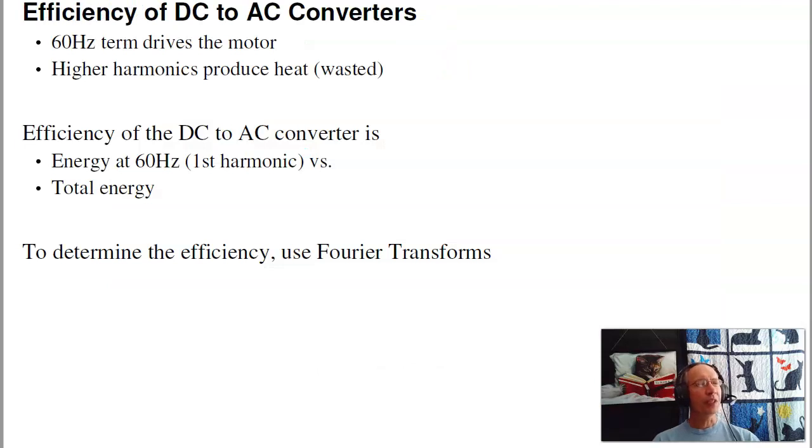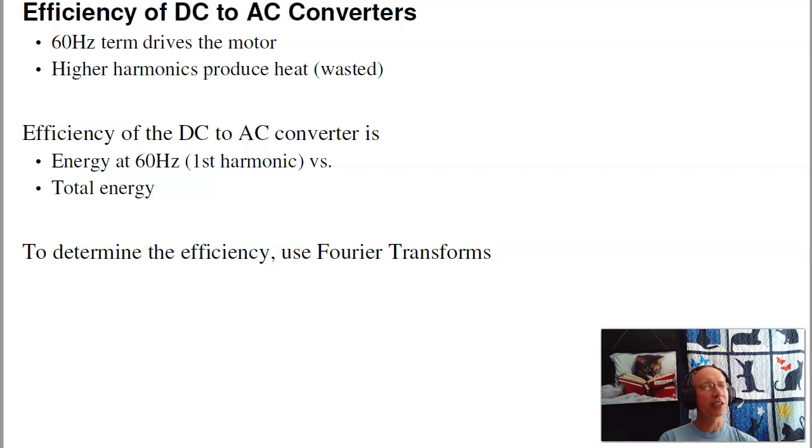Now, one thing you might wonder about is how efficient is this DC to AC converter? You might think it's 100% efficient, but it's actually not. If you take an AC synchronous motor, the sine wave that's at the speed of its rotation is what produces the torque. Higher frequencies just make the motor buzz. They just produce heat. It's energy that's wasted. The efficiency of a DC to AC converter is how much energy is in the first harmonic.